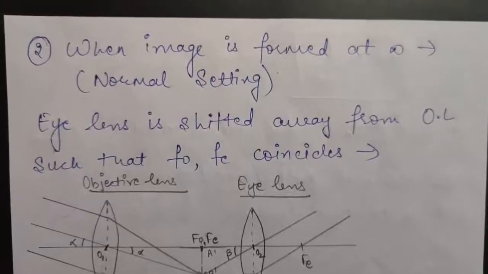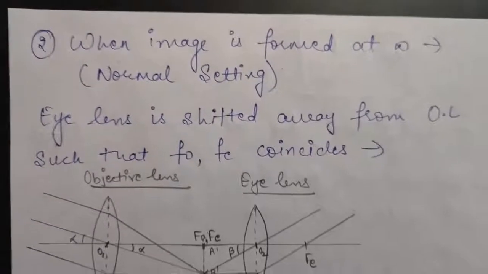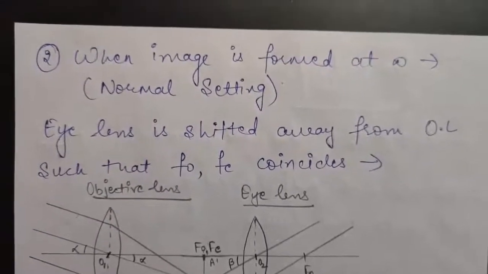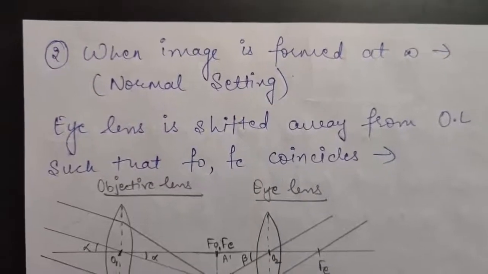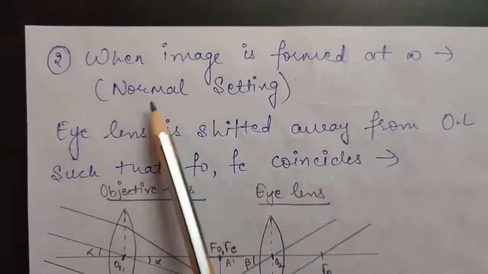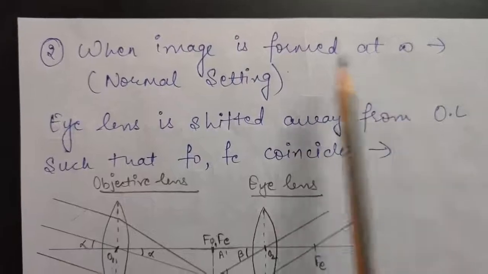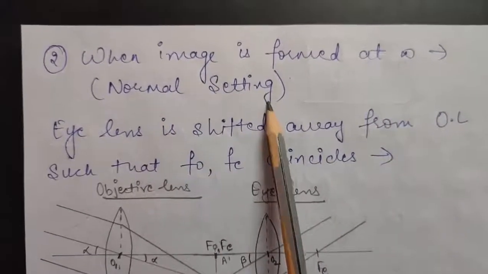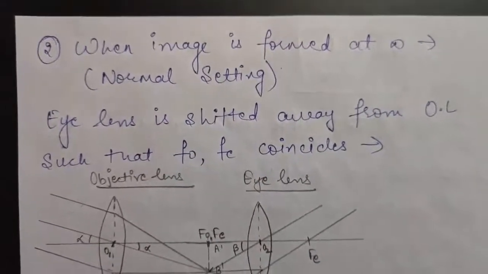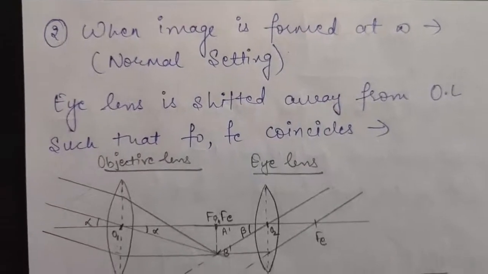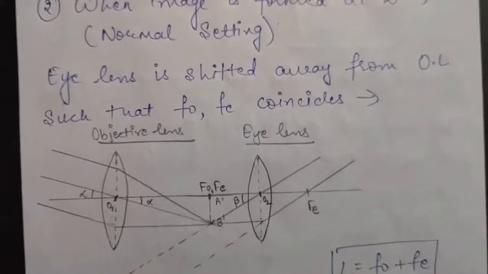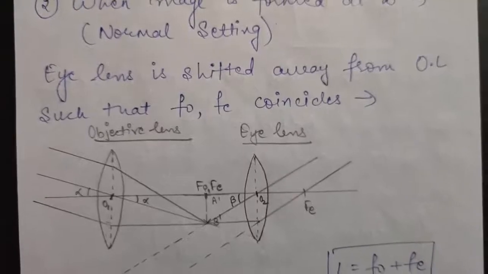Okay, so that was the first case, in which the image was formed at the least distance of distinct vision for our telescope. Now the second is when the image is formed at infinity, and again it is called normal setting, or you can say normal adjustment. So to make the normal adjustment of a telescope, what is done?